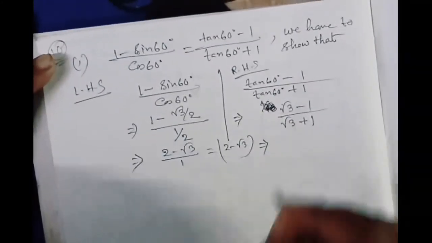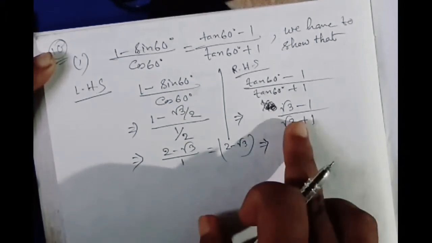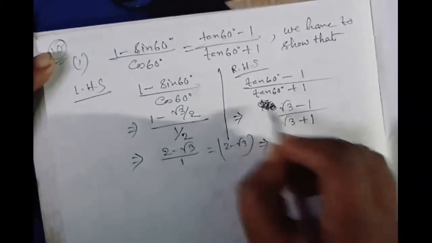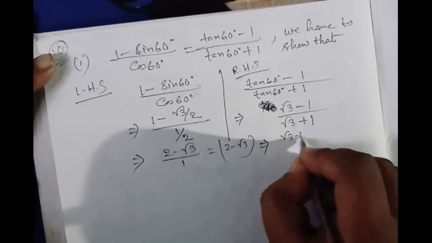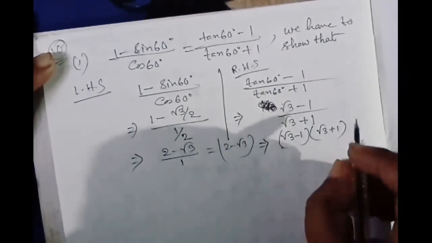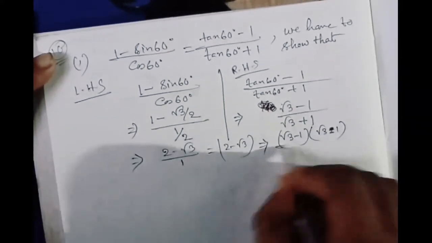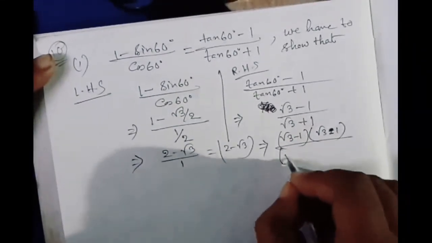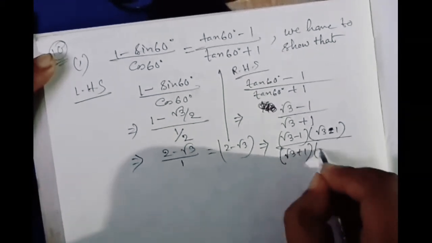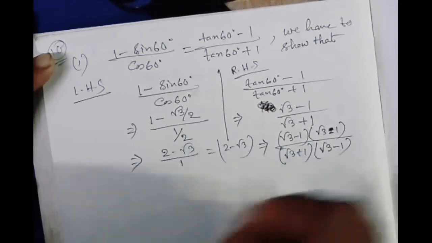Now we have to rationalize it. Rationalization you have already known. We multiply numerator and denominator by root 3 minus 1. So the denominator is root 3 plus 1 times root 3 minus 1.